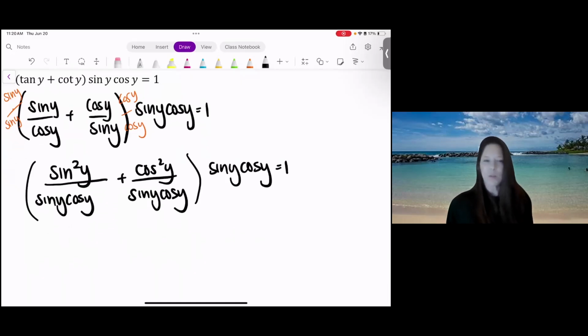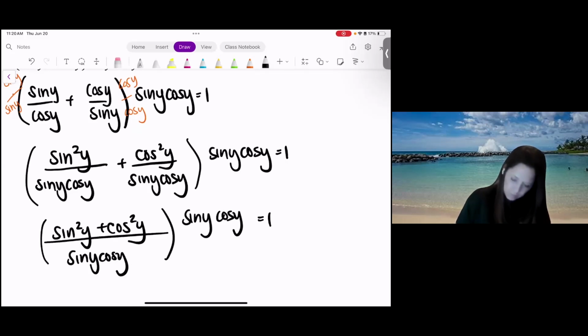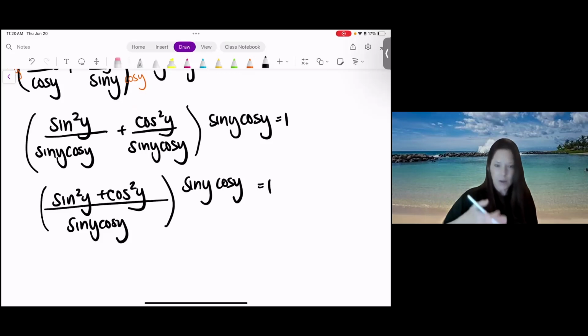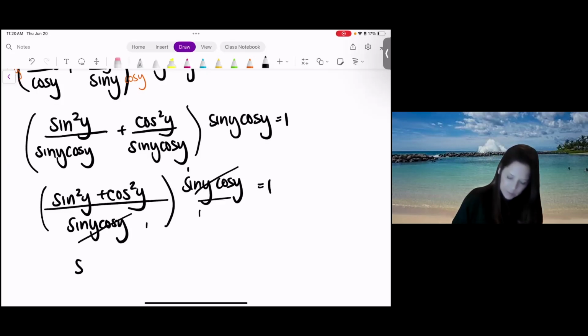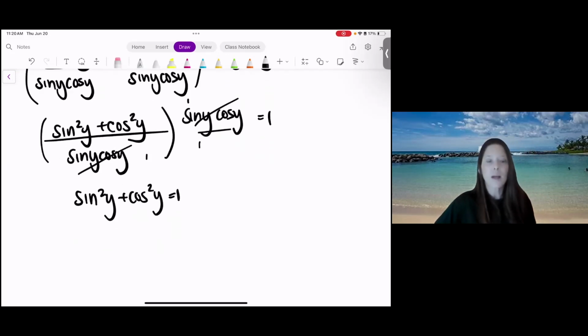The commutative property of multiplication says the order that we multiply doesn't matter, so I can actually switch it to be sine y cosine y, or cosine y sine y. Writing that over the same denominator, sine y cosine y in the denominator and sine y cosine y in the numerator actually cancel out. I can divide that out. And that leaves me with sine squared y plus cosine squared y. And sine squared y plus cosine squared y is 1, by the Pythagorean identities.